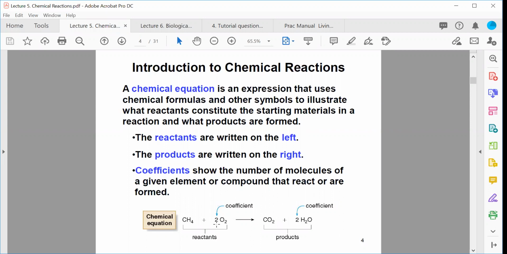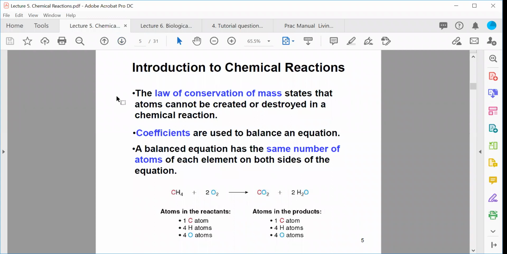The 2 that's placed there as a coefficient means that there are 2 molecules of oxygen that are part of these reactants. In other words, O2 plus O2. Same with this one, 2 molecules of water, so H2O plus H2O. Okay, so don't confuse those coefficients with these little subscripts that we see here, which indicate how many of those atoms are in the molecule.